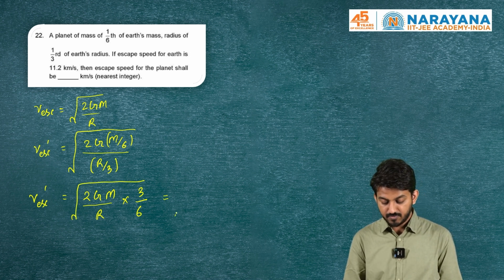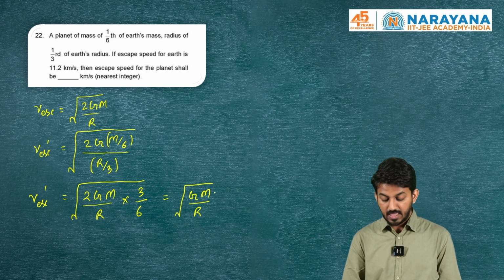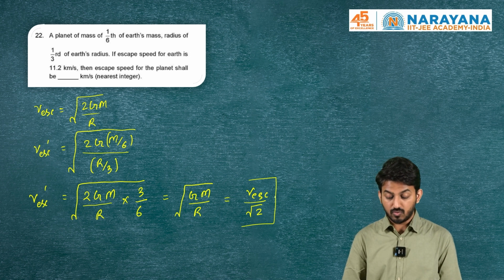Finally getting us root GM by r. Now if you look at this, this value is equal to initial escape velocity divided by root 2. So our answer is going to be V escape initial by root 2.